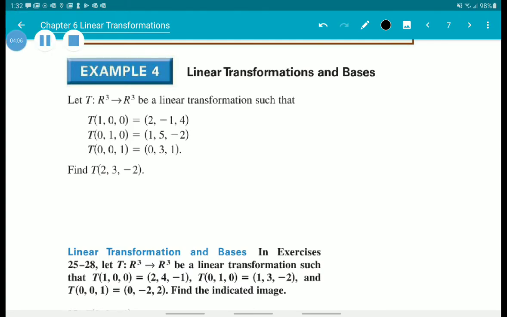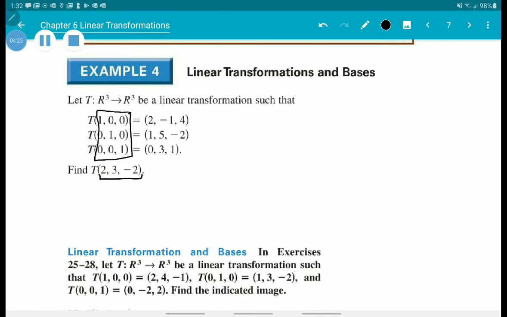So we can actually use that fourth property to help us figure that out. So let's start with this vector. It would be really easy to write that vector 2, 3, -2 in terms of these three vectors. Those are just your standard basis vectors for R3.